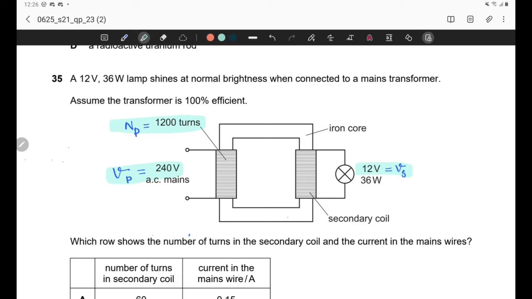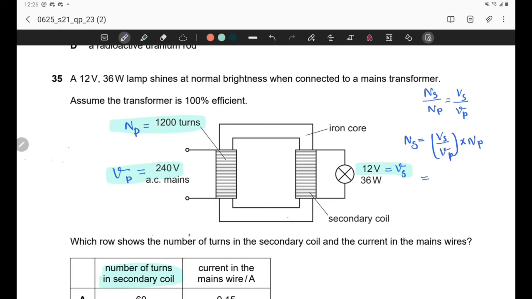So we can find out the number of turns in the secondary using the equation Ns over Np is equal to Vs over Vp. In order to calculate Ns, the number of turns in the secondary, Vs over Vp is already there at the right hand side, and we can take the Np from the left hand side to the right hand side. Here we are just making Ns, the number of turns in secondary, the subject.